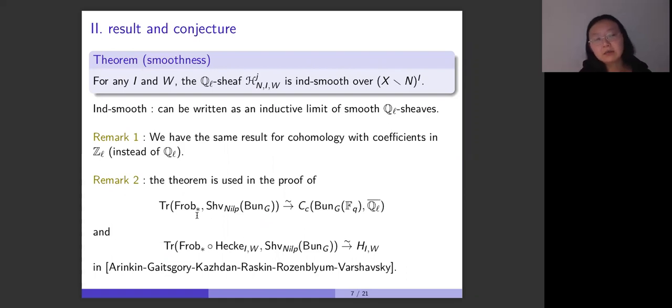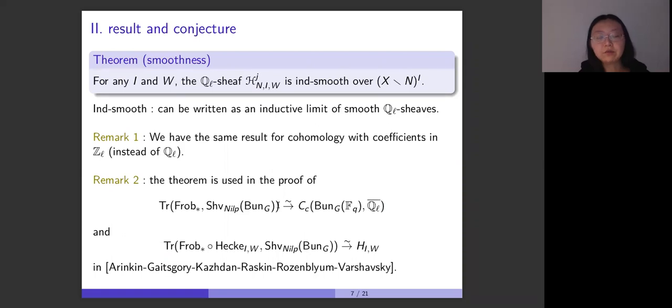So one step is that for Bun_G, when you apply the trace of Frobenius on the category of sheaves on Bun_G, the trace of Frobenius on a category is a vector space, and they prove that this vector space is exactly the space of automorphic forms for the function field.